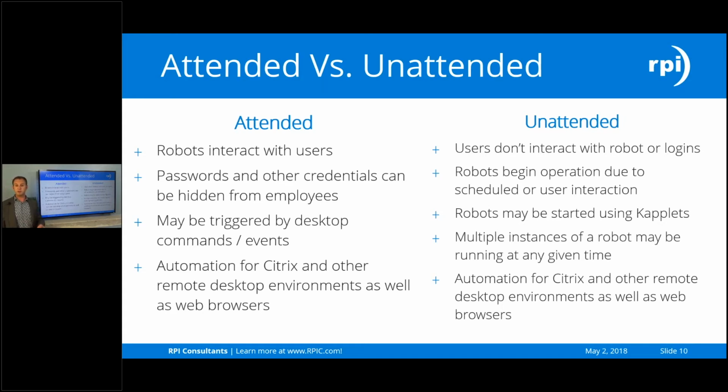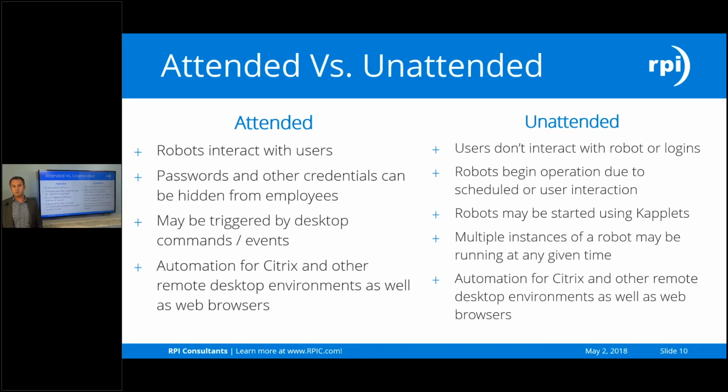When they choose that robot, they could have an input if they'd like. So let's say that you want to run a robot that goes out and searches for an employee ID. Within the Kapplets, an end user could execute that robot, input that employee ID, and then that robot could run a series of commands based on that employee ID.